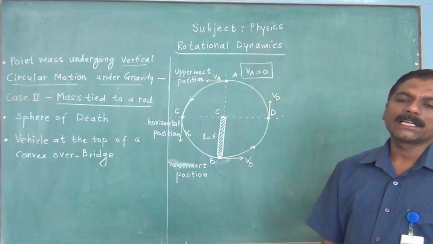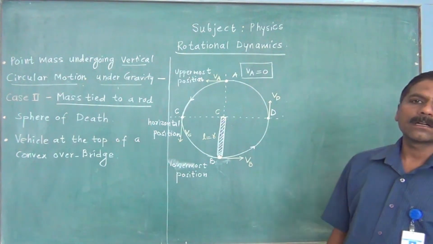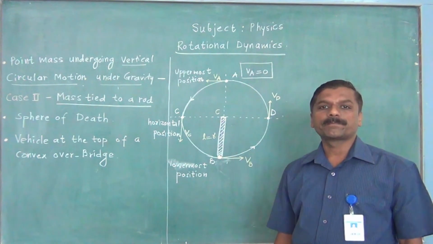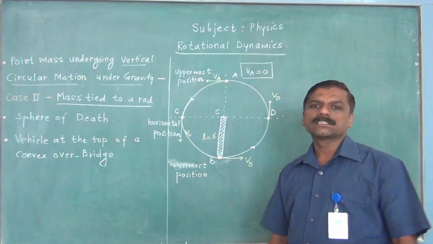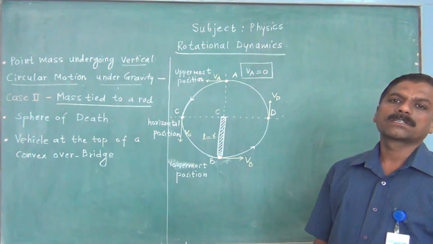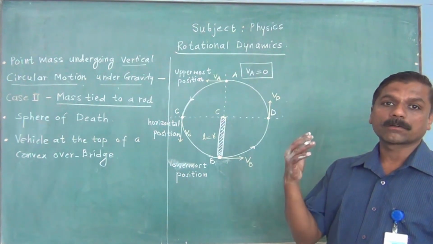In case of the string, there we require minimum possible speed. So in that case, without considering the slackening in the string, we find out the minimum value in case of the string.